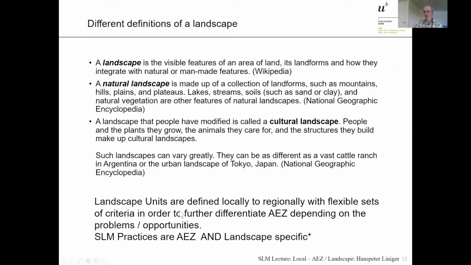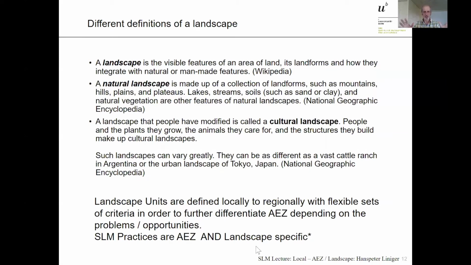Landscape units are defined locally, regionally, with flexible sets of criteria in order to further differentiate agroecological zones depending on problems and opportunities. Sustainable land management practices are agroecological zone and landscape specific. So, in summary, agroecological zones give a broader picture.